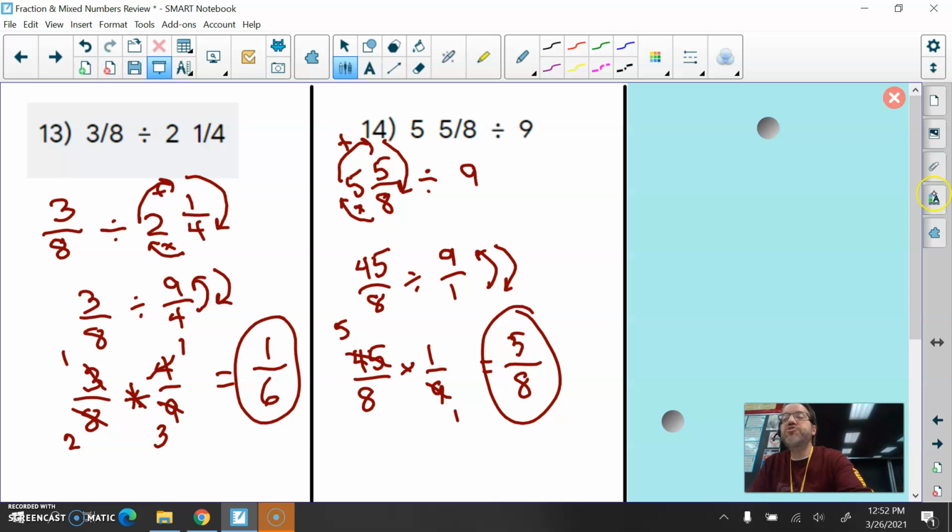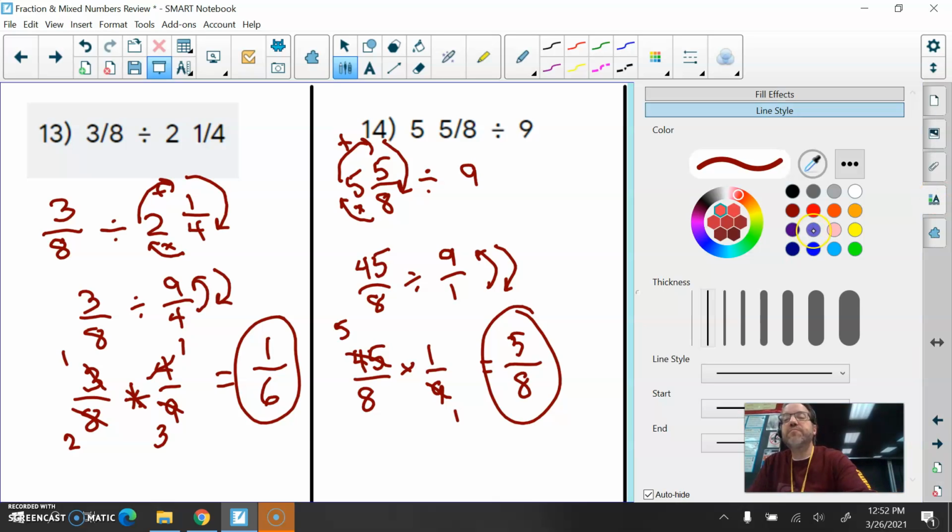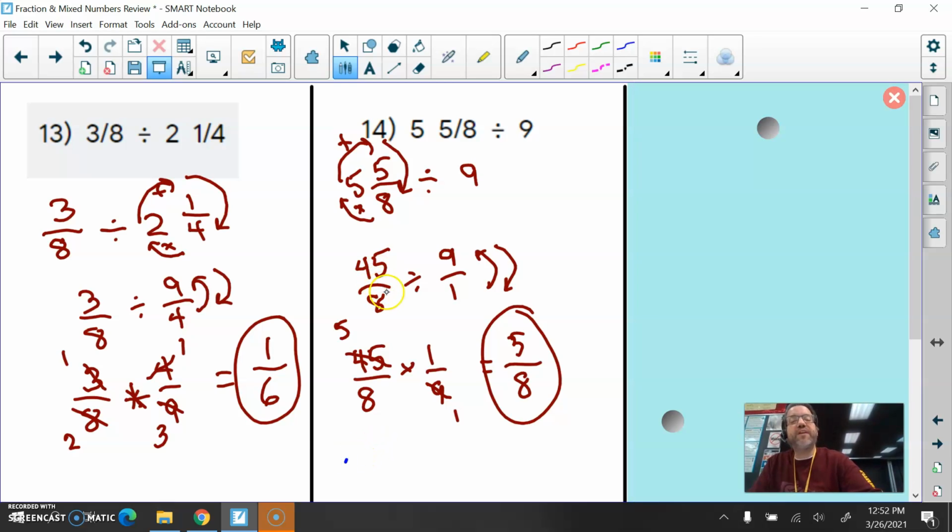I don't know if I should show you this, but I'm going to. When you see 45/8 divided by 9 over 1, I've been telling you always change it into multiplication mode by multiplying by the reciprocal of that second fraction, which is good advice.